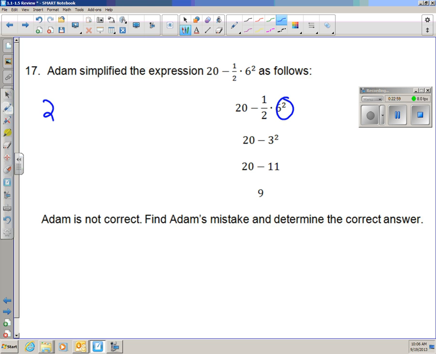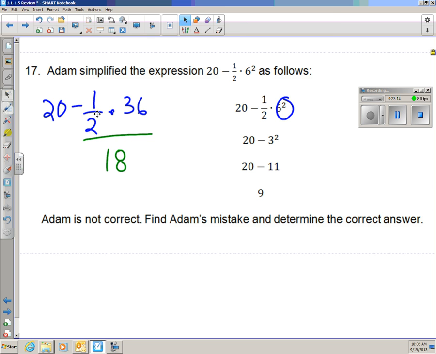What he should be doing is 20 minus 1/2 times 36. Next, what has to happen is the 1/2 of 36. Well, half of 36 is 18. So then it needs to be 20 minus 18. Final answer should come out to be 2.